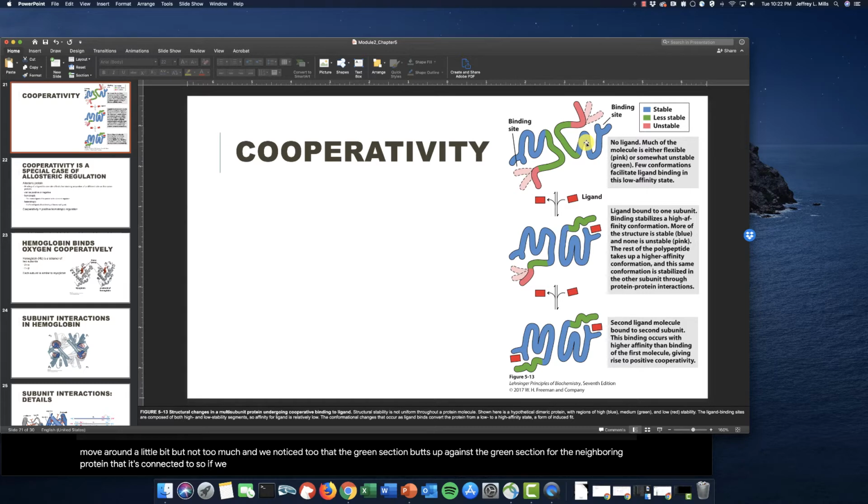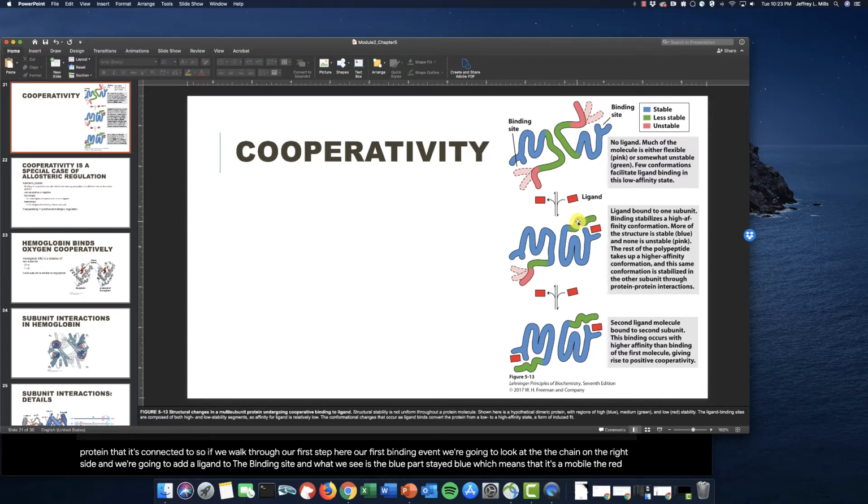So if we walk through our first binding event, we're going to look at the chain on the right side, and we're going to add a ligand to the binding site. And what we see is the blue part stayed blue, which means that it's immobile.